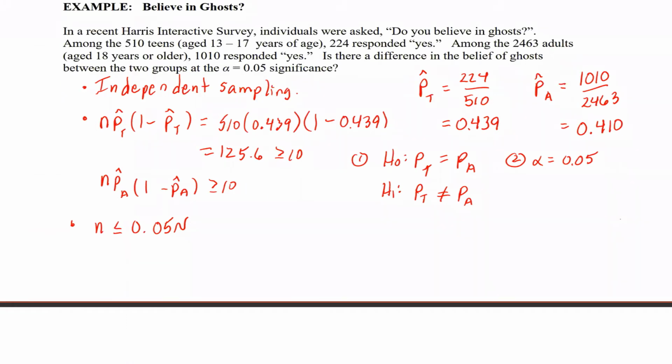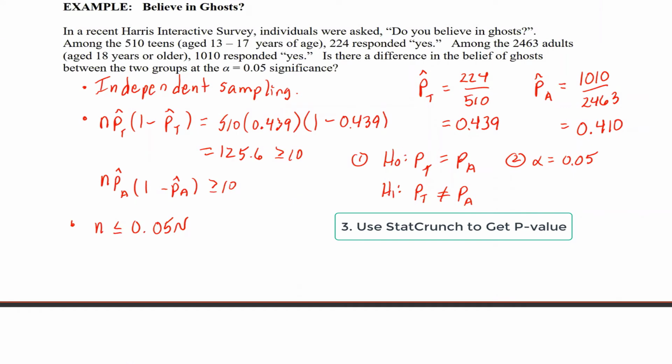And now we go ahead and use StatCrunch to get our p-value. To use StatCrunch, you're going to go stat, proportion stats, two sample, and you either choose with data or with summary.